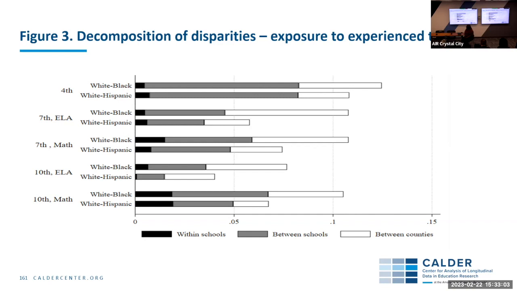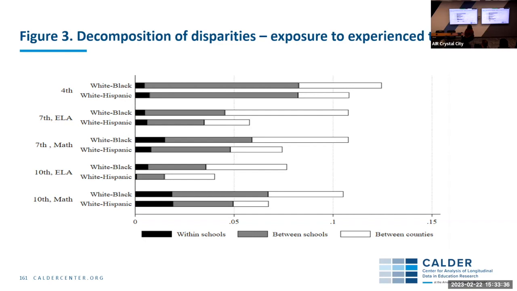And we've decomposed them so that if you look at fourth grade white versus Black differences, the small black area over to the left in that first bar is the share that's attributable to differences across classrooms within schools. And that's very small in the fourth grade.